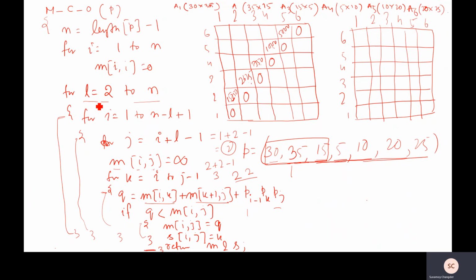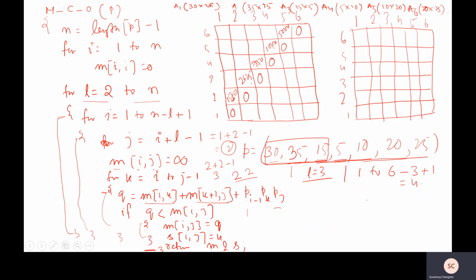So here L is equal to 3. We will get i equals 1, 2, up to n, 6 minus L, 3, plus 1. You see, there will be 4 options. Why? Because we can multiply A1 to A3, A2 to A4, A3 to A5, A4 to A6.